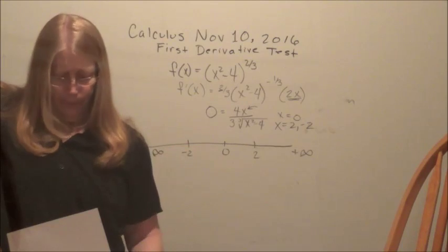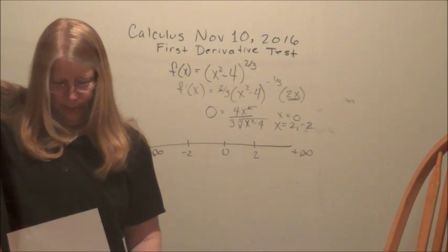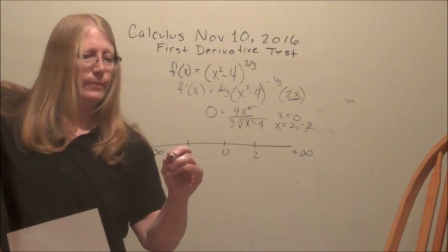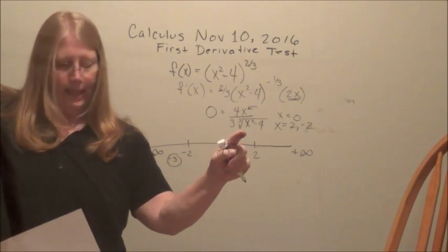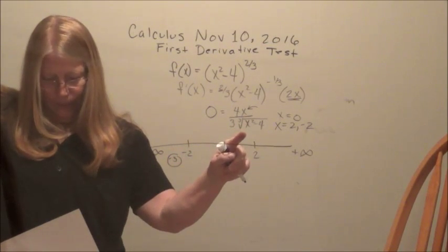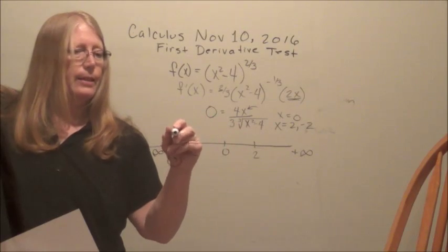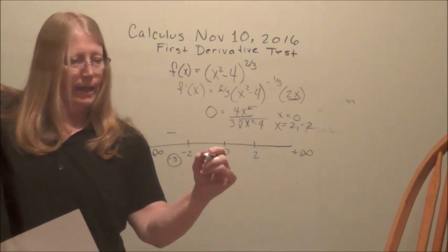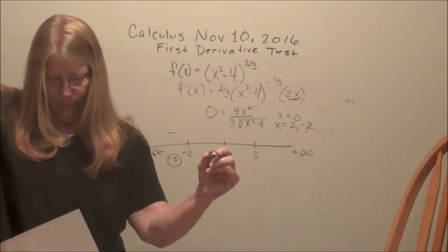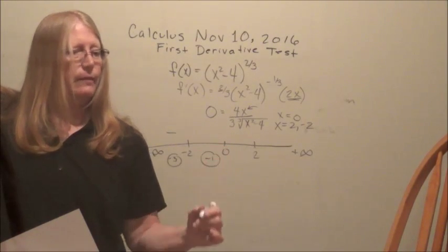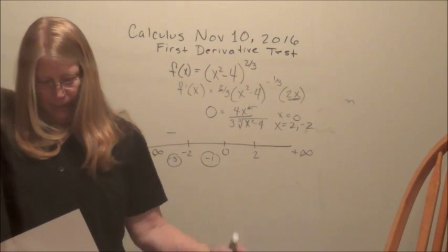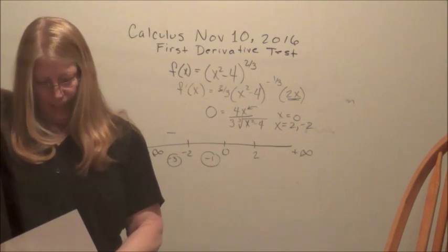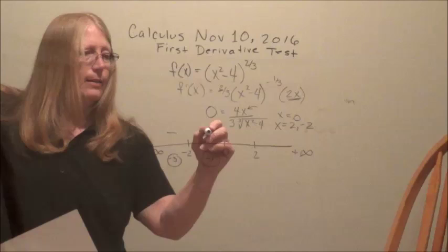So in here, the test value I chose was negative 3. So I'm testing negative 3. When I put that into that function, it came out to be negative. And then in here, I tested negative 1. I'll just circle my test values. When I put a negative 1 in there, that expression there became positive.